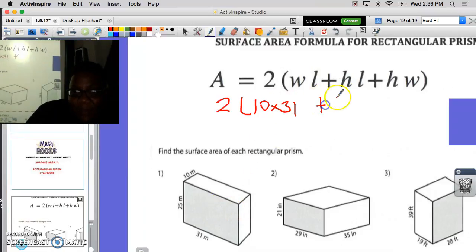I'm going to add that with height, which is 25, times length, which is 31, plus height, which is 25, times width, which is 10.